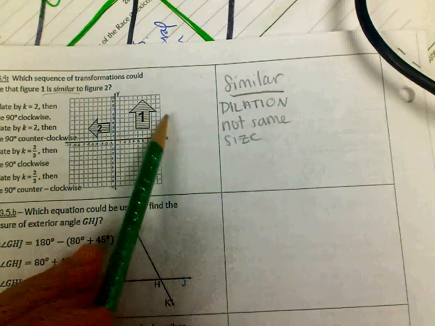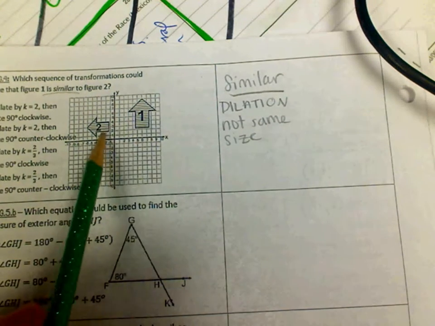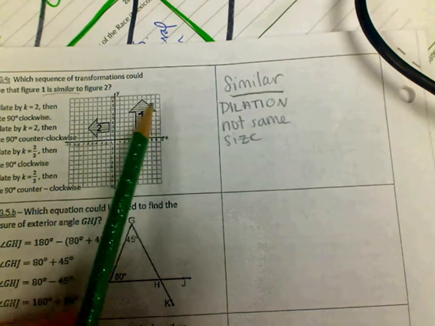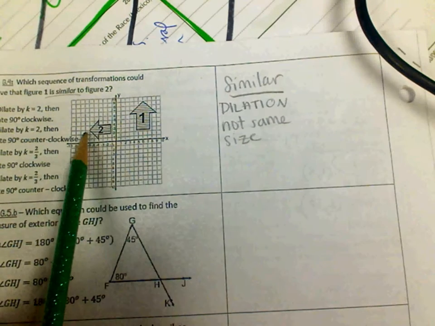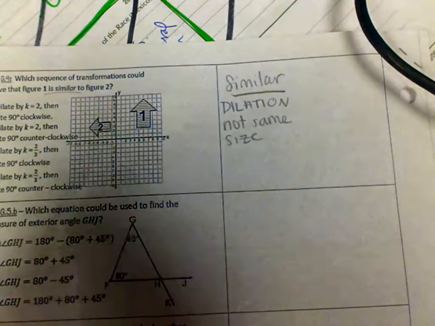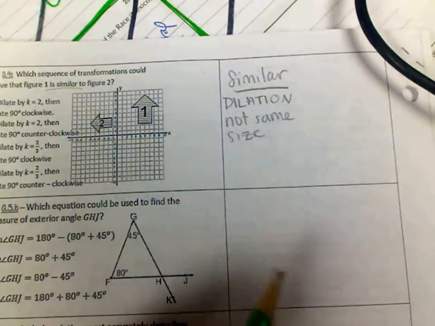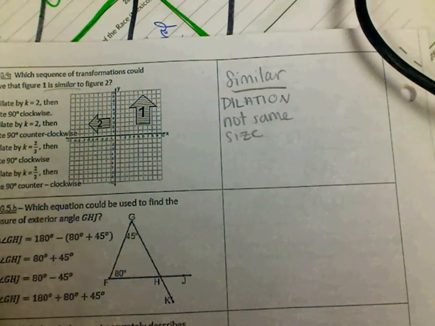So it looks like this one from 1, the first one, to 2, the second one, it got smaller. So here it was pretty big, and then it got smaller, and it also turned to the side. So I'm going to say this is definitely a dilation, and it's definitely going to be a number that's less than 1.